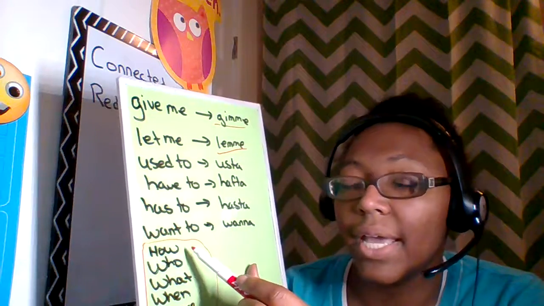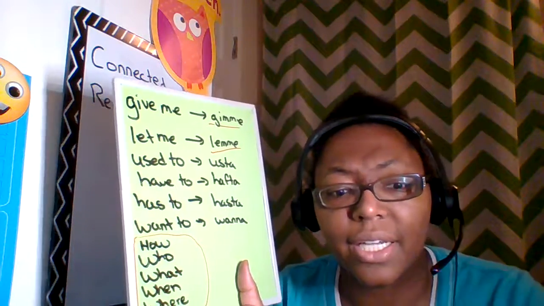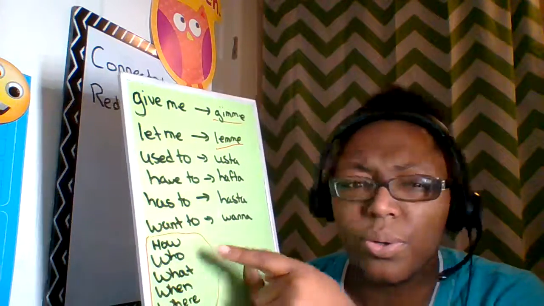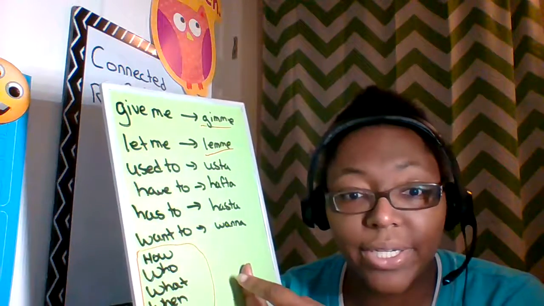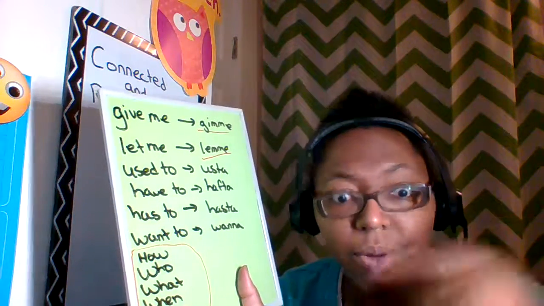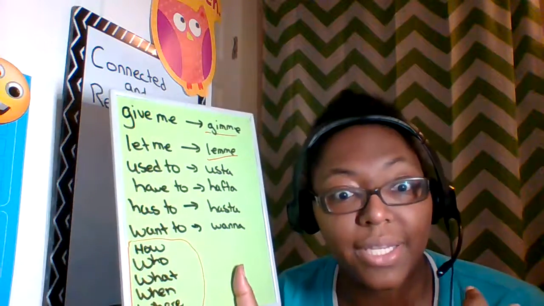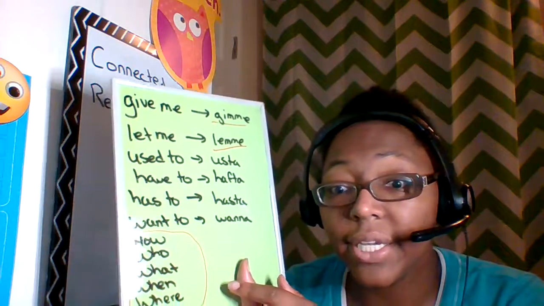So if you want to say, how'd you go? You can say, how'd he go? Howdy. Almost sounds like you're saying, howdy, partner. Or who'd he go with? What did he do? What'd he do? When did he go? Where did he go?